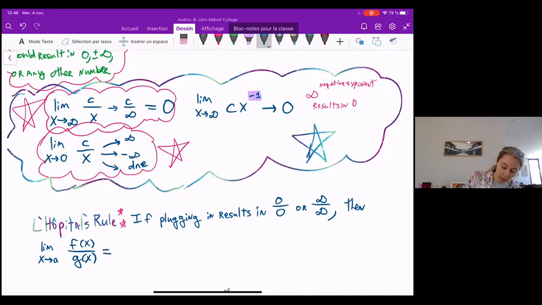So L'Hopital's rule tells me that that equals the limit as x approaches a of f prime of x over g prime of x.